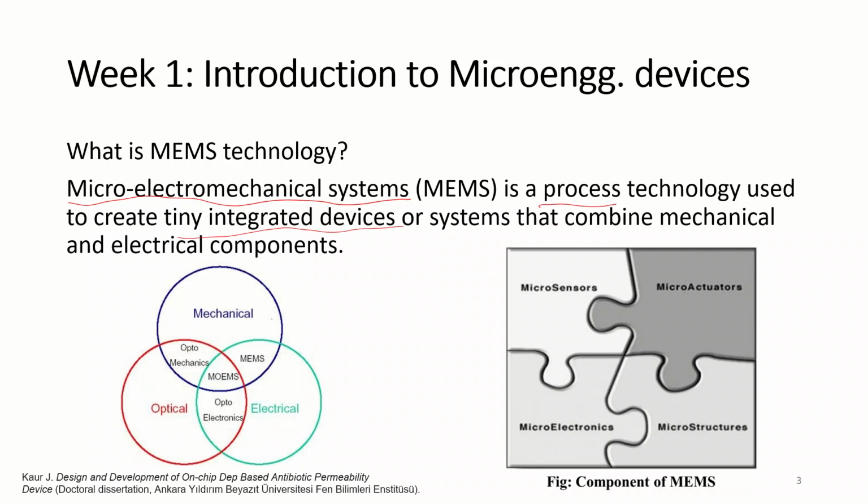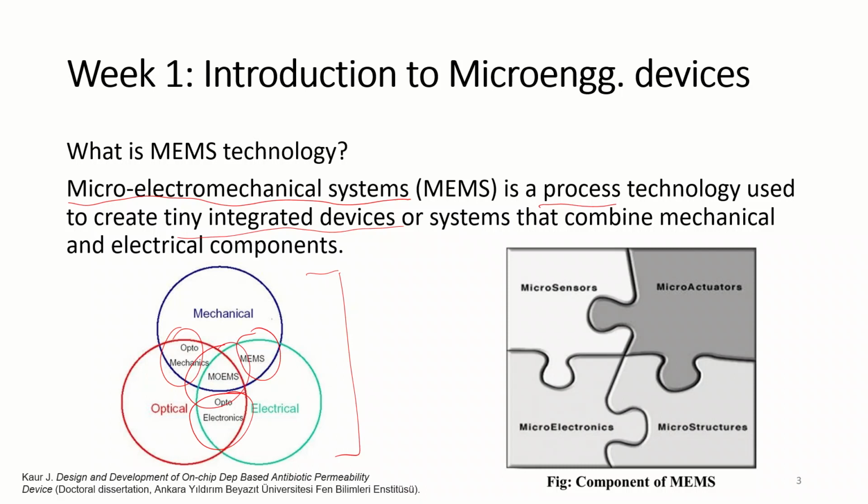This microsystems or microengineering has a lot of other domains too. These are the different classifications of MEMS. You can see that mechanical and optical makes optomechanics, mechanical and electrical means MEMS, optical and electrical is optoelectronics, and all together is MOEMS.